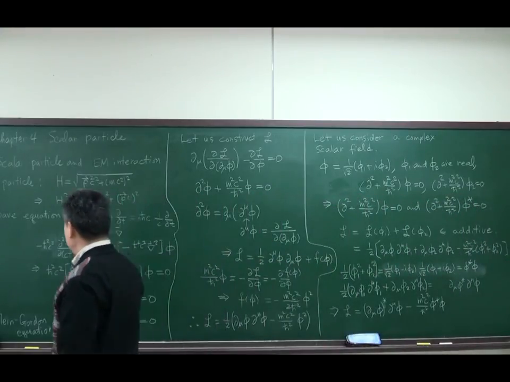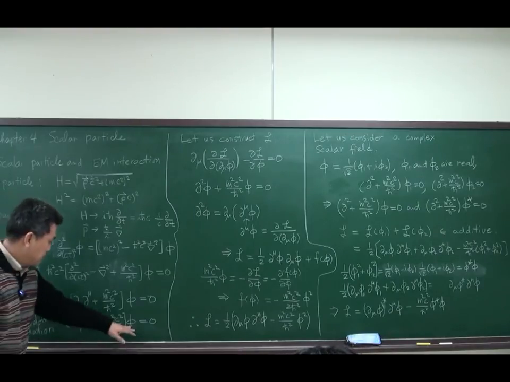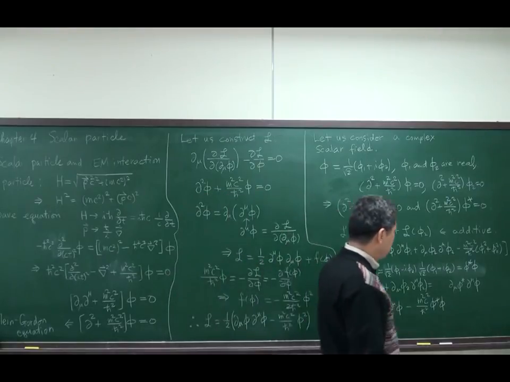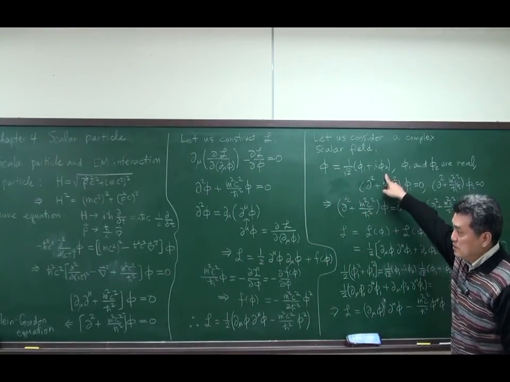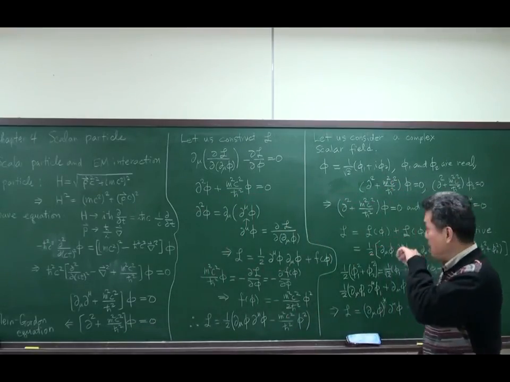Previously, I commented that if we replace the covariant derivative with the gauge covariant derivative, we will have some problem because phi should be complex. So why don't we introduce two real scalar fields that satisfy the same Klein-Gordon equation with the same mass?